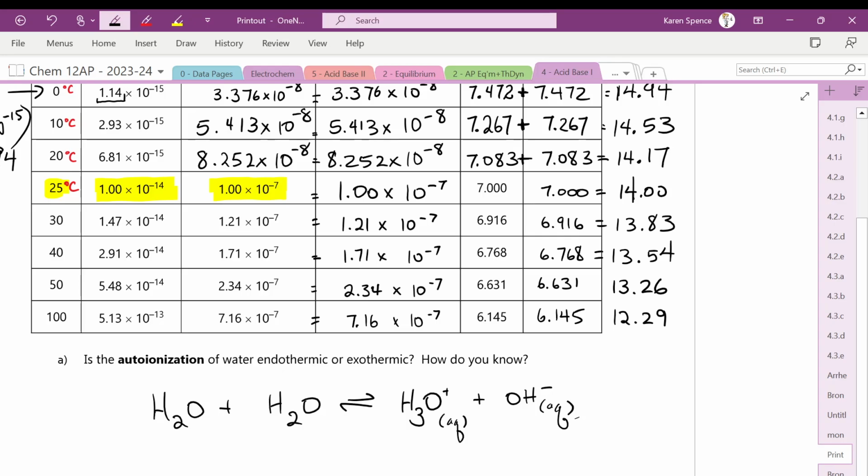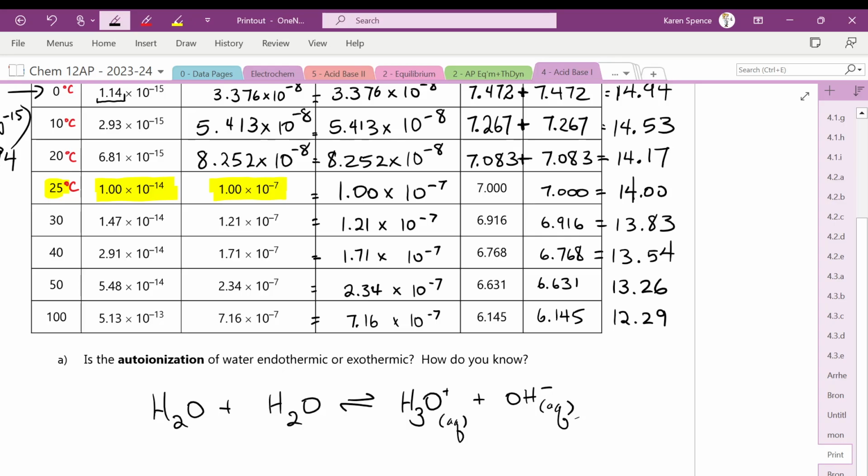So if you were shifting left, what would happen to the concentrations? Are the concentrations equal? No, they have to go down. Which is equilibrium left?